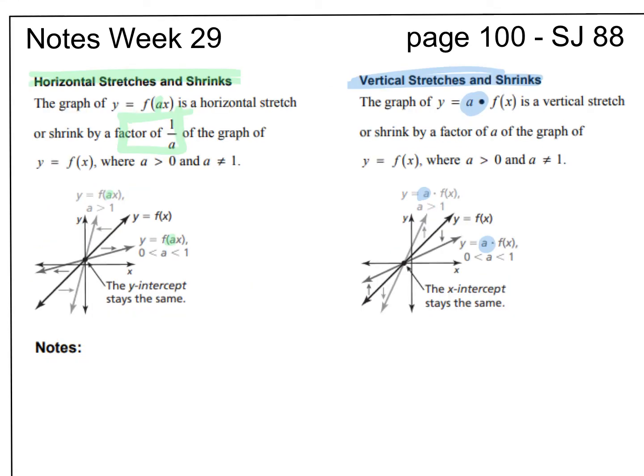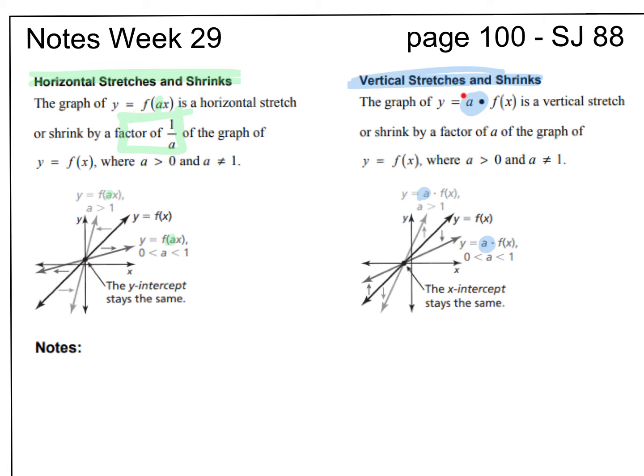Horizontal stretches and shrinks are one of the things that are difficult to understand for many students. I think the horizontal concept and the vertical concept aren't difficult to understand because you can see where the green A is and where the blue A is.